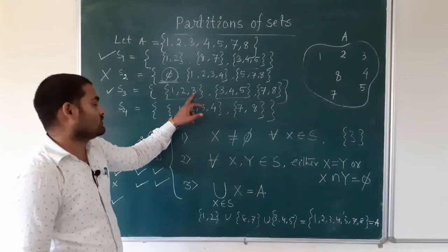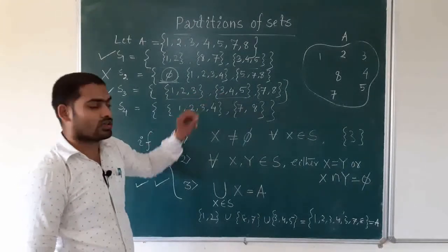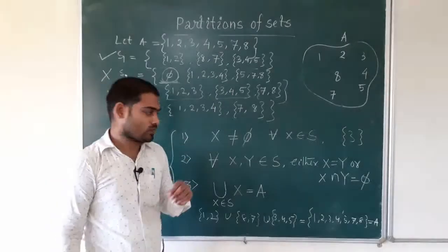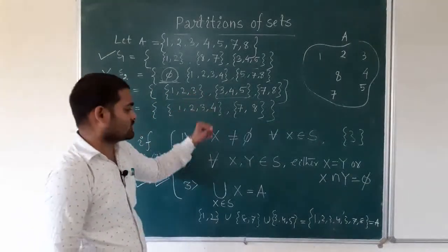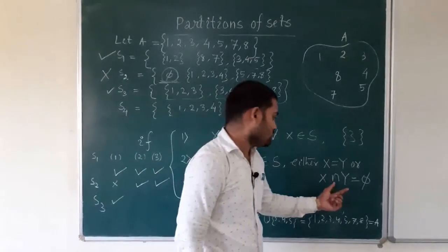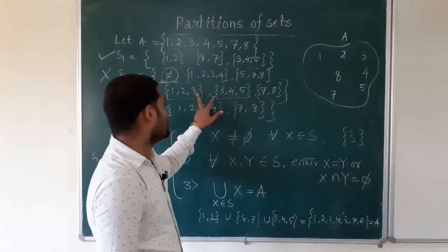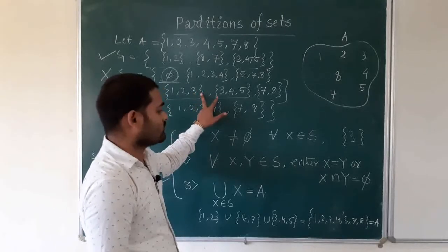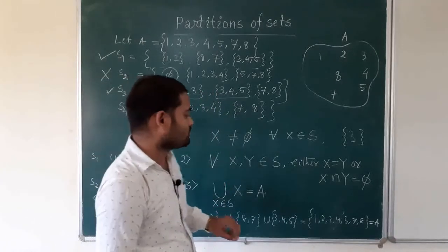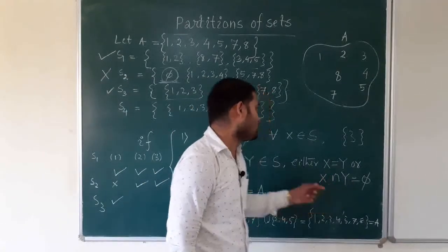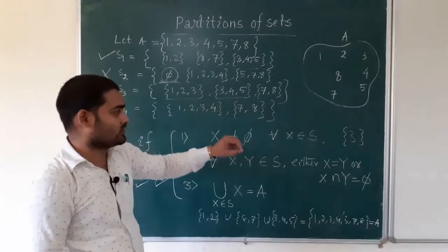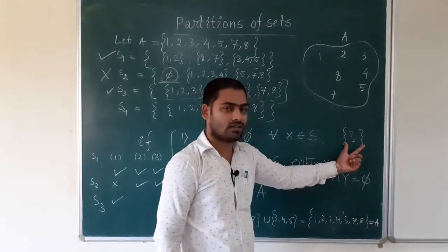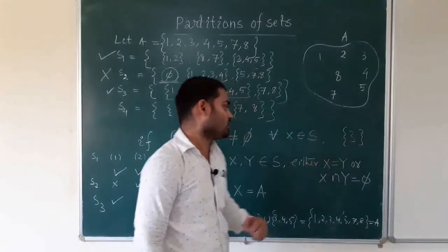Here 3 is a common element of the two sets, so these are not disjoint sets.